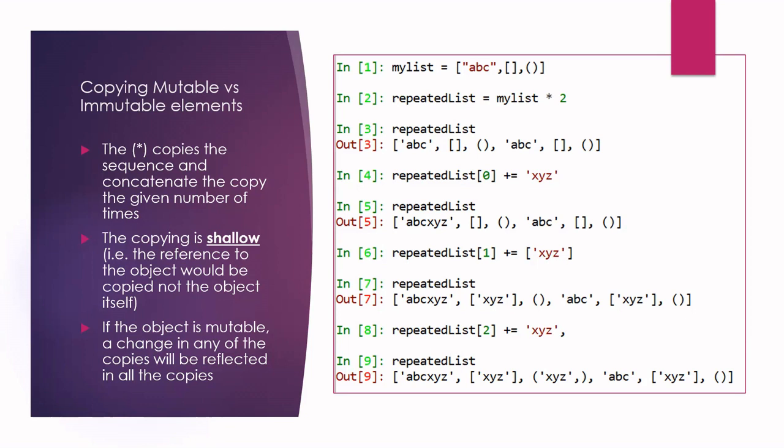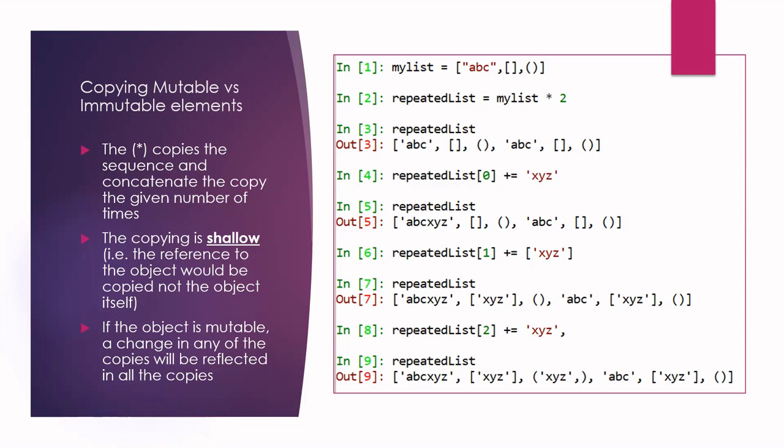Now, if I try to change the tuple, depending on the location I use to reference to assign the change, only that location will reflect the change. Okay, so if I use location 2, which is the first occurrence here, only that one will see the change. The other, the copy, will not see the change.